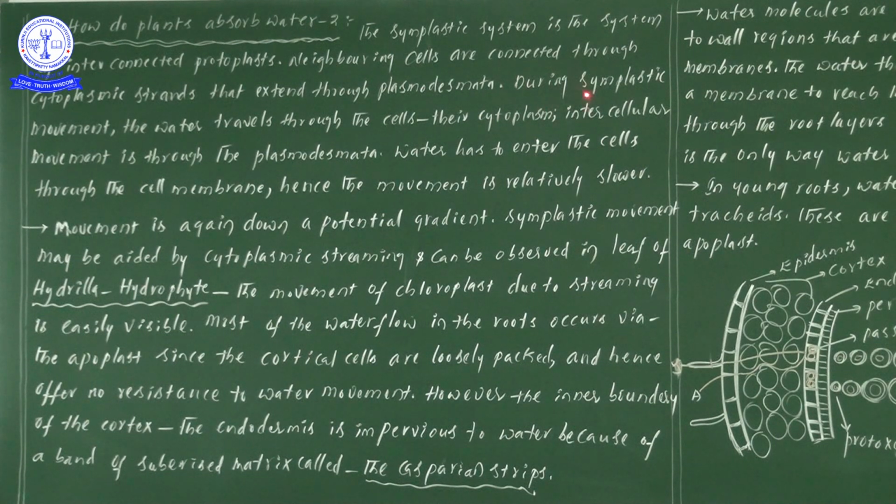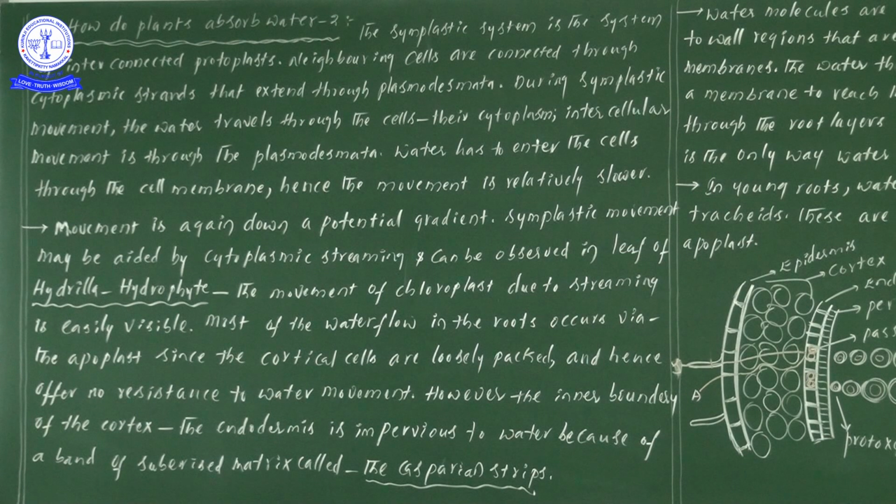Next, during symplastic movement, the water travels through the cells, their cytoplasm. What is the exact definition of symplastic? During symplastic movement, the water travels through the cells, their cytoplasm. This is a very important point, try to save it in your mind.